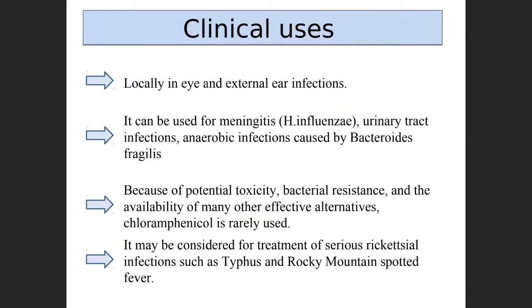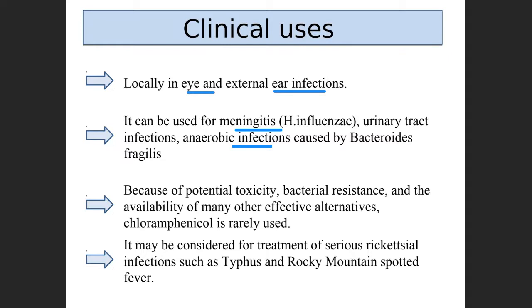Clinical uses. Coming to the uses, it is used in eye and ear infections. It can be used in the treatment of meningitis, UTI, and other anaerobic infections which are specially caused by the bacteria Bacteroides fragilis. Next is bacterial resistance.